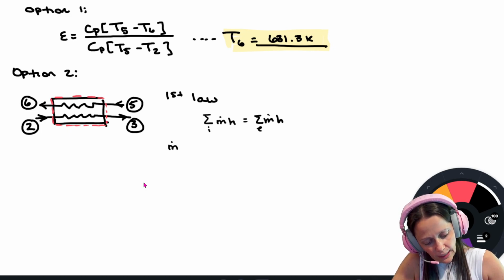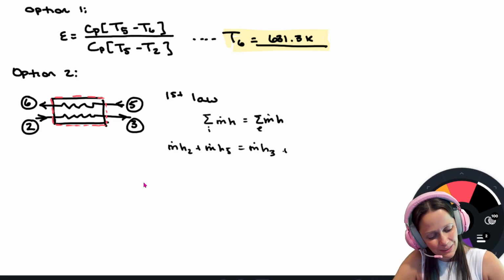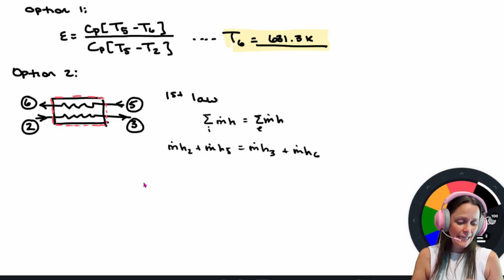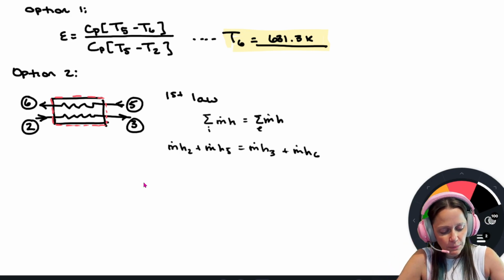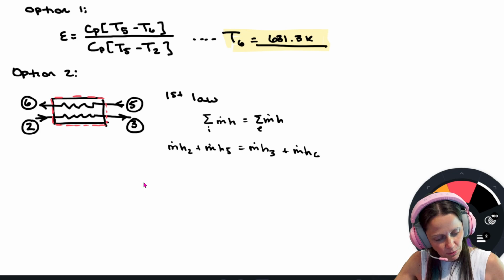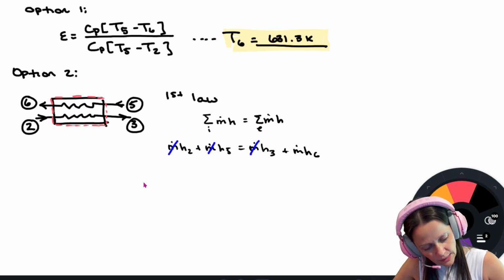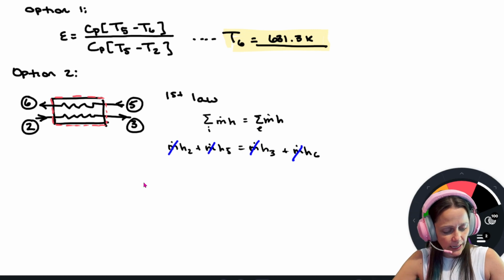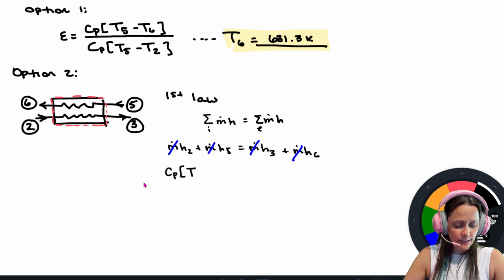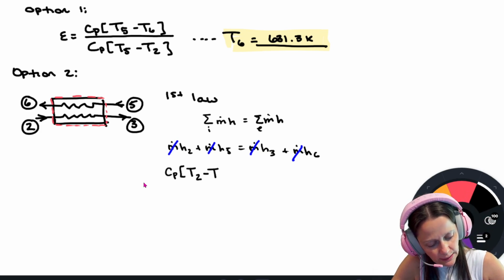So I have m dot h2 plus m dot h5 equals m dot h3 plus m dot h6. The m dot is just going to go away, which is pretty obvious, since there's one in all of these. I could get things in terms of delta h's. So this would be Cp times (h2 minus h3) becomes Cp times (T2 minus T3).